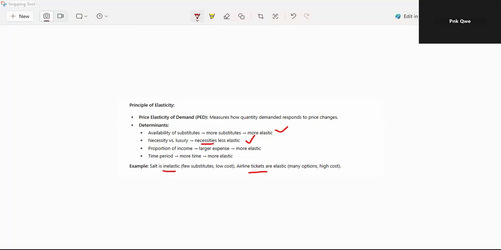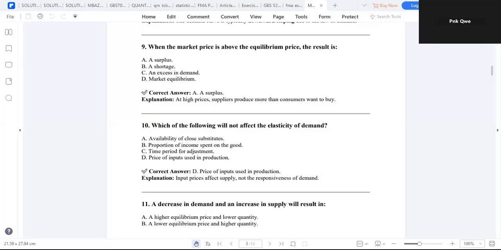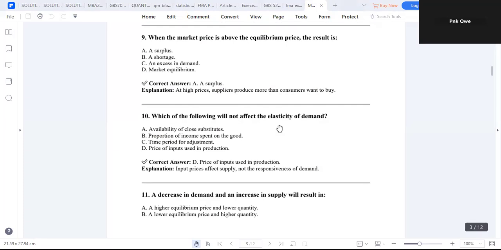The next question we look at: the answer to the following will not affect elasticity.